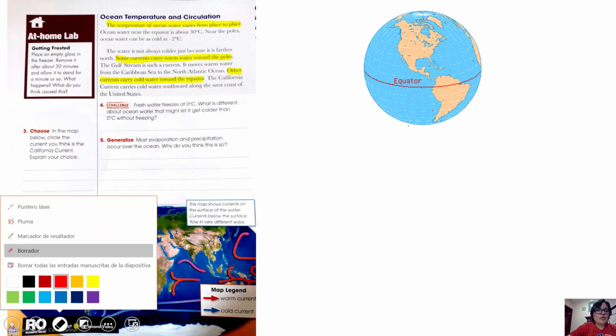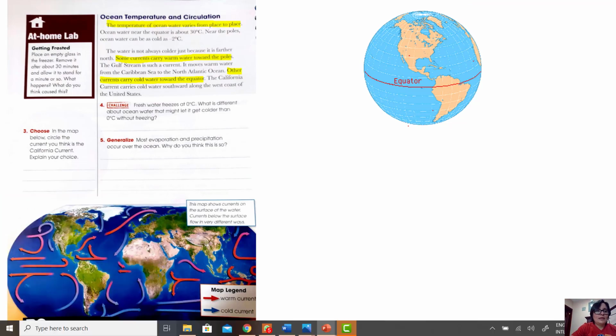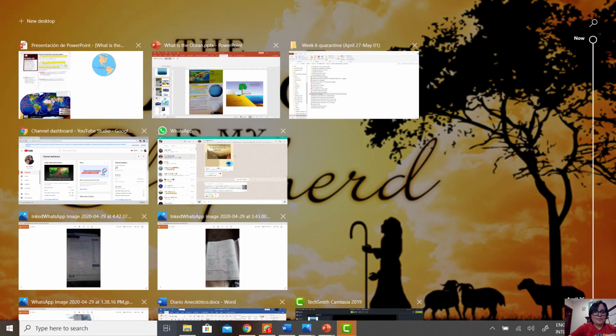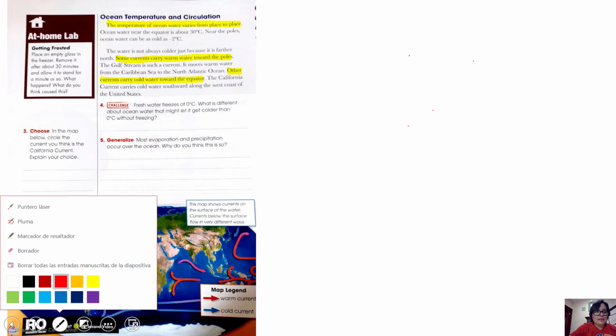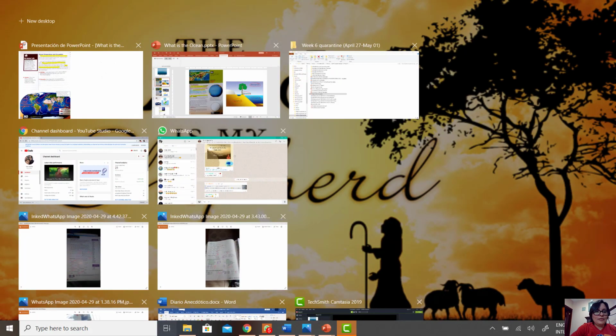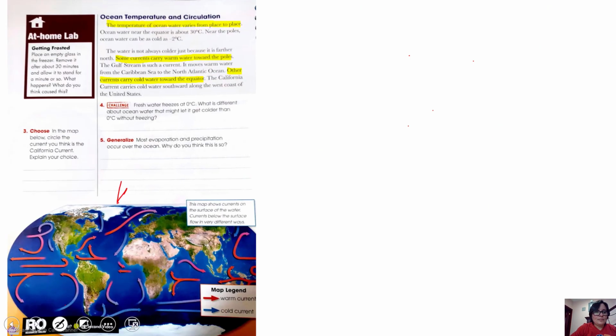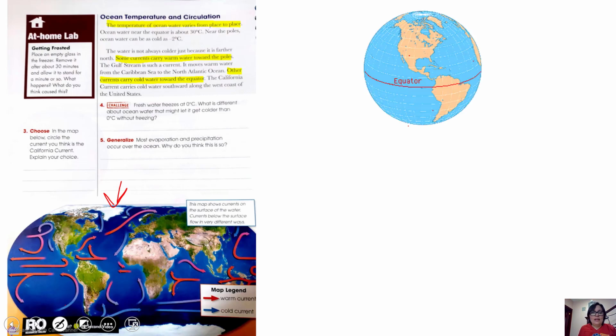So let's answer number 3. It says to choose in the map below and circle the current you think is the California current and explain your choice.